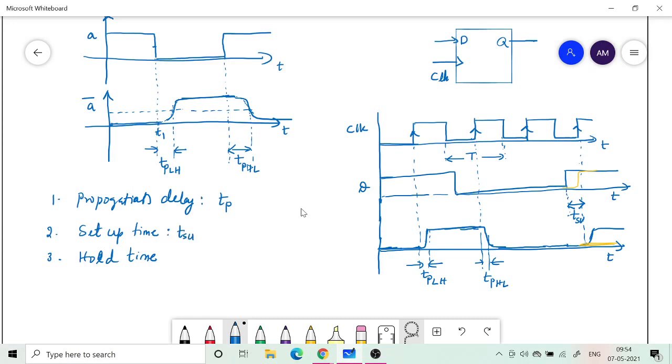Okay, so I'll repeat, setup time is the amount of time prior to the active edge of the clock we need to set up the input so that it would be latched to the output of the D flip-flop. In this case, that's what setup time means. So whether it is 0 or 1, we need to make that input available at the D input of the flip-flop prior to the active edge. There is an amount of time.